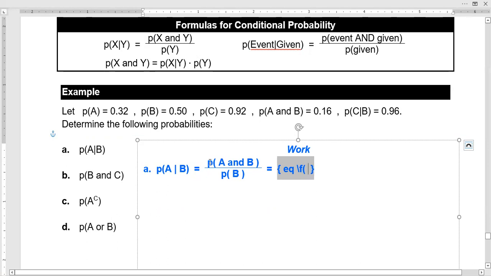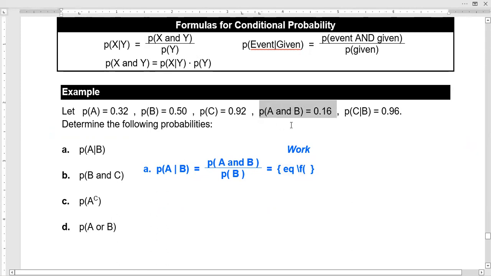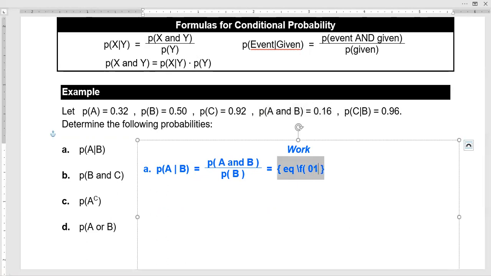As I mentioned before, the probability of A and B is given to us, so it's one number provided. This is 0.16, and then the probability of B goes in the denominator. The probability of B was 0.50. When I divide that out, I end up getting 0.32 exactly. I didn't even have to round.